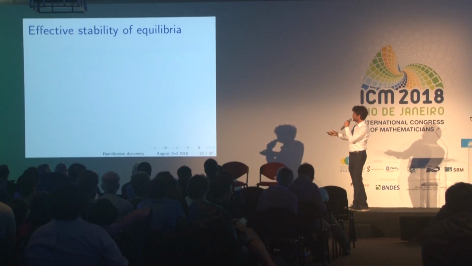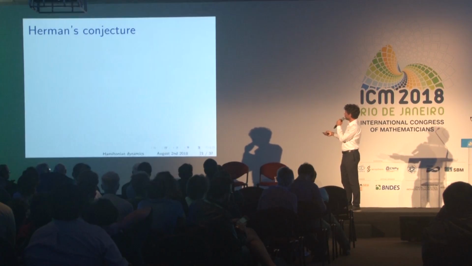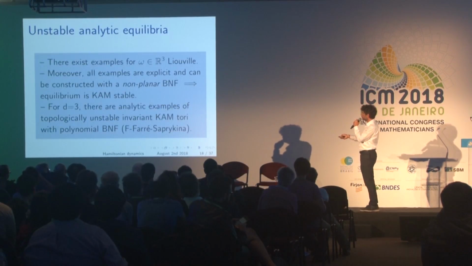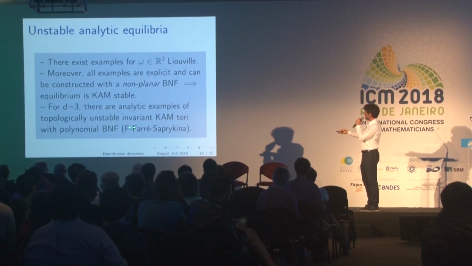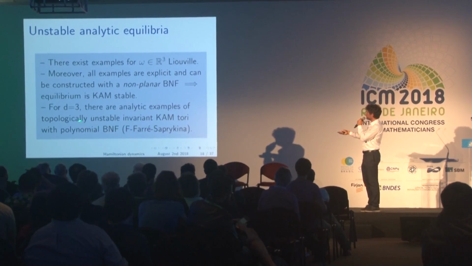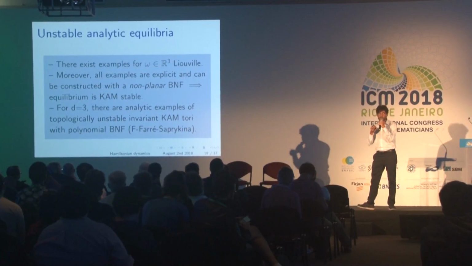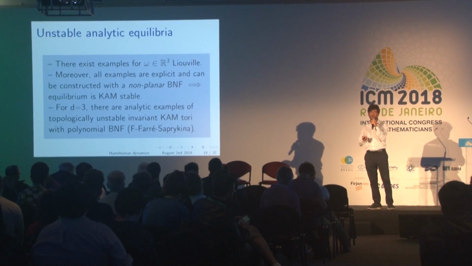One more thing, and then I let you, Raphael, continue, is that the examples of analytic unstable tori here can be made in a way that the Birkhoff form is a polynomial.